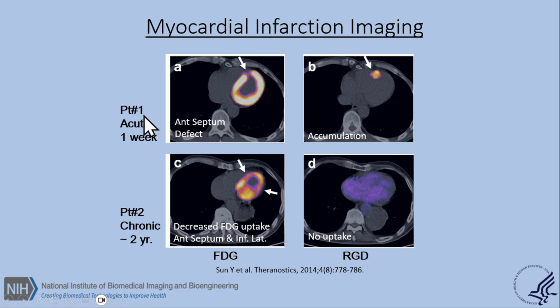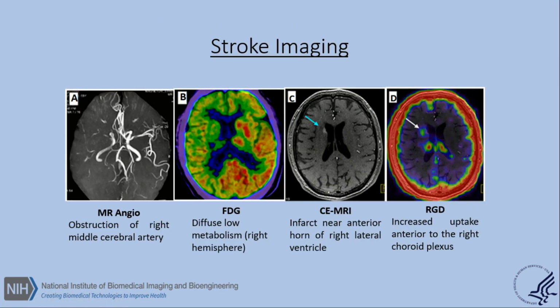Similarly, that's an acute MI. In a chronically diseased patient, you will see that with FDG there's glycolysis, but it's patchy and not uniform. But when you do the RGD, there's no angiogenesis, right? I mean, it's chronic. There's no more repair occurring. So that's one. And then the same thing in brain here.